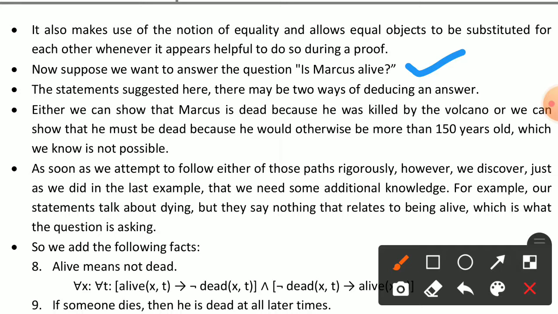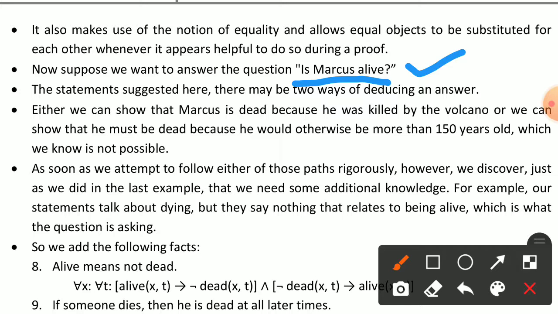For example, our statements talk about dying, but they say nothing about being alive, which is what the question is asking. What is our question? Is Marcus alive? Means Marcus is alive or he died. Two possibilities we can predict from the given question.